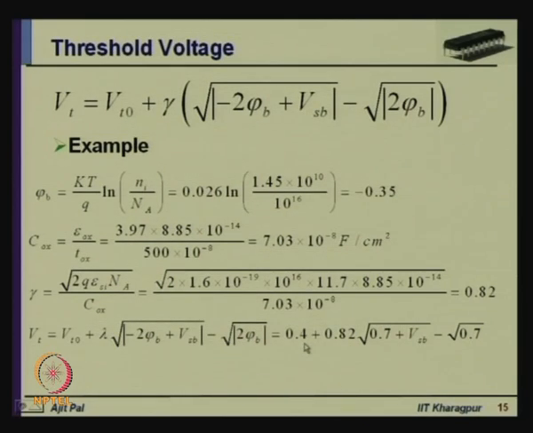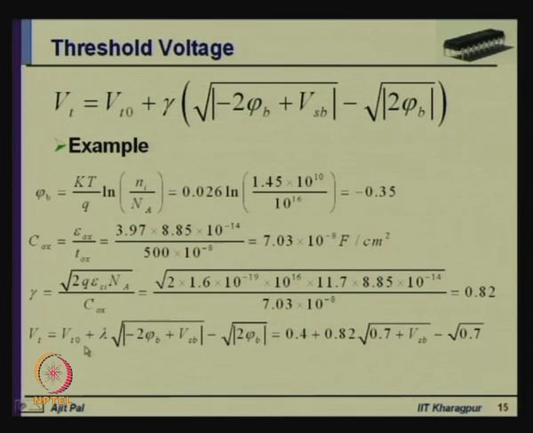That means the source is connected to the body, and this is 0.82, this is your gamma, into root of 0.7 plus VSB, we have to take the absolute value, minus root 0.7.